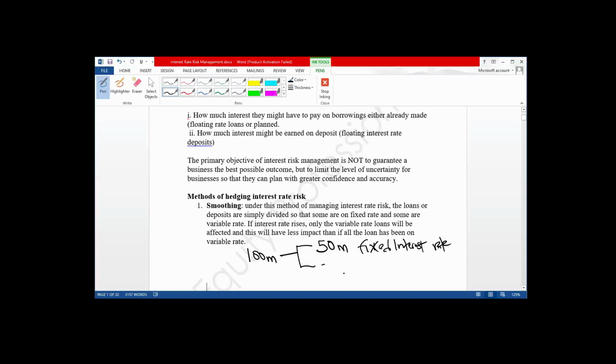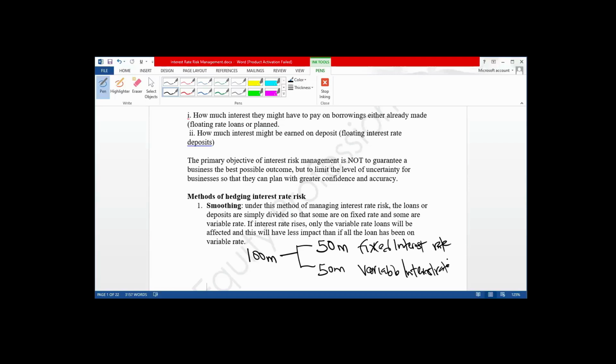The balance of 50 million will be at a variable interest rate. You are trying to smooth. If interest rates should rise, only the 50 million variable rate loan will be affected.